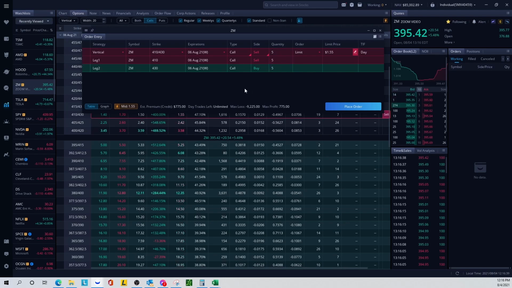And by the way, if you're new to this, you want to double and triple check that you're entering the right values, that you are selling the leg that you want to sell, that you're buying the leg that you want to buy, and that you are setting up the right trade that you want to execute.